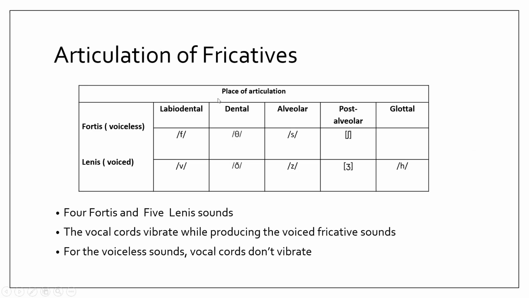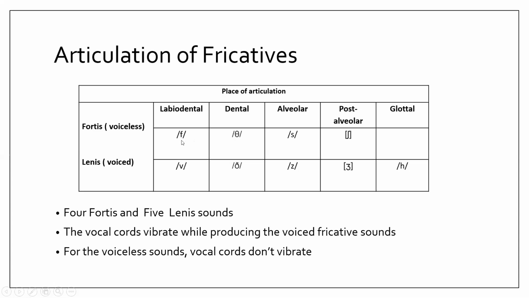And also, their places of articulation are labiodental, dental, alveolar, post-alveolar, and glottal. You can see here there are 4 fortis and 5 lentis sounds.